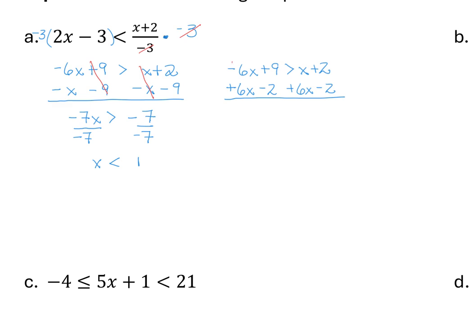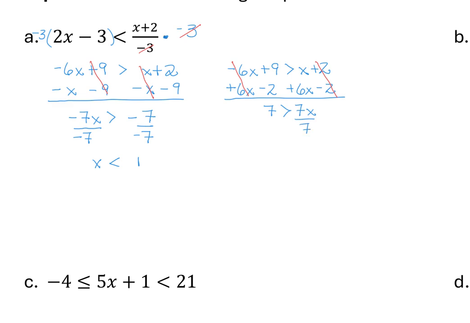We still get our 6x's cancel, we get our 2's cancel, and what we have here is 7 is greater than 7x.